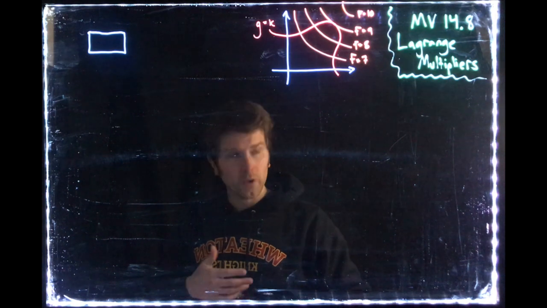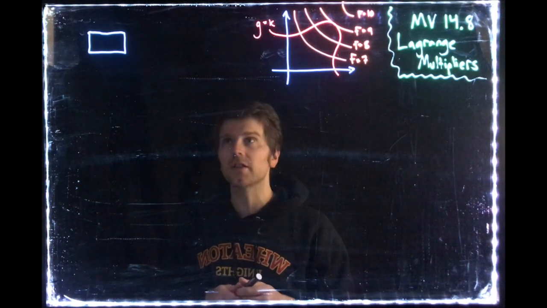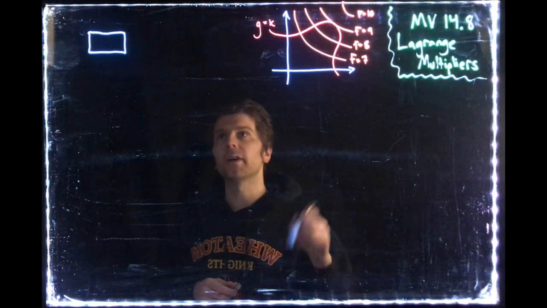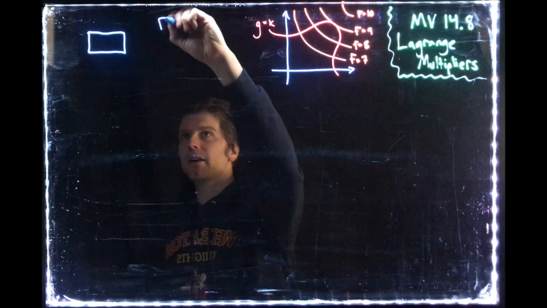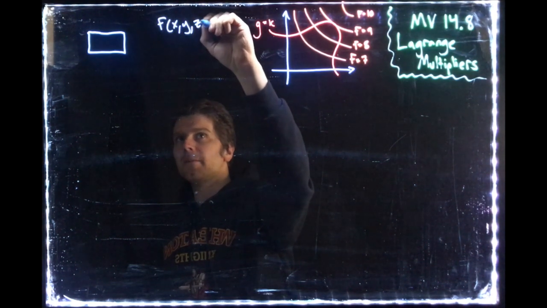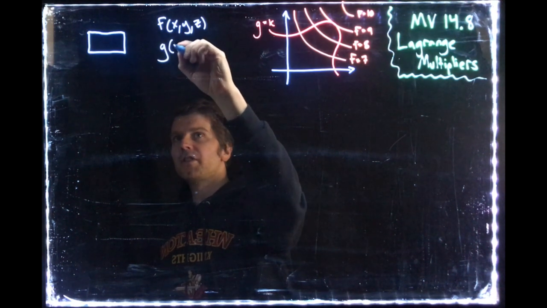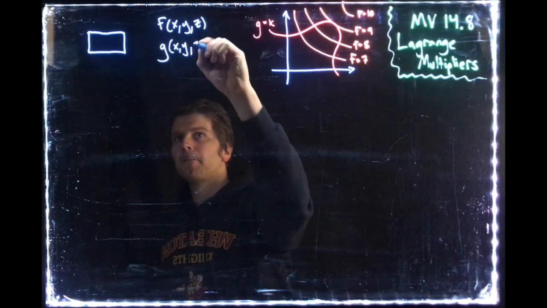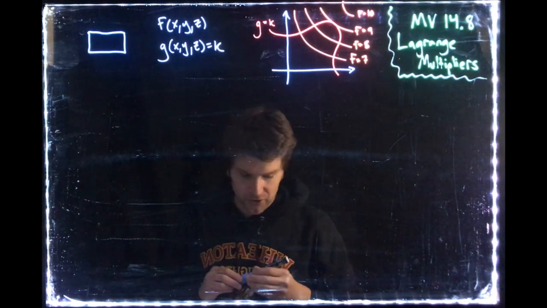And so we're going to introduce this new method of Lagrange multipliers. So let's just define our problem. What are we doing in multivariable? Well, we're going to try to optimize, that is maximize or minimize, some function f of x, y, z, subject to some constraint, which is a different function pegged to some value.